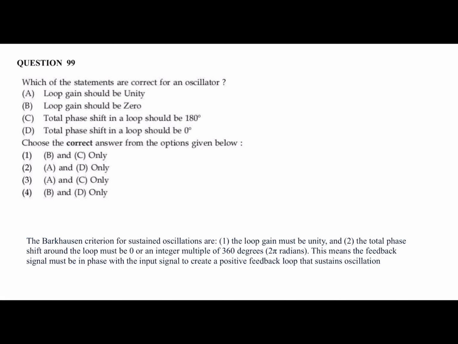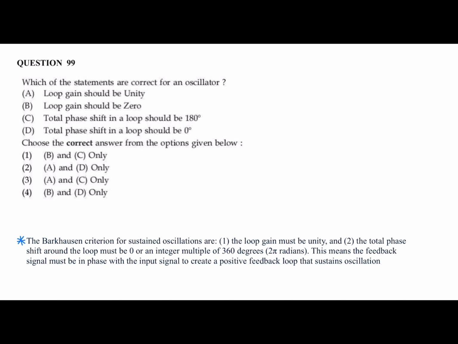Next question. Which of the following statements are correct for an oscillator? So it is the Barkhausen criteria. The total phase shift around the closed loop is 0 degrees or 360 degrees, and the loop gain must be unity. This means feedback signal must be in phase with the input signal to create a positive feedback loop for sustained oscillations.